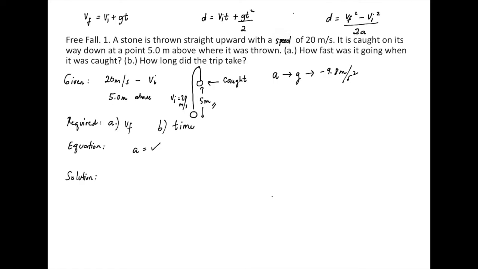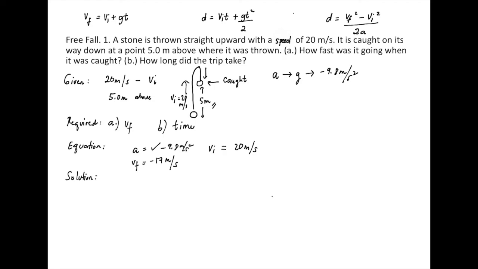We have our final velocity, which is already computed, negative 17 meters per second. And we also have the initial velocity, which is 20 meters per second. Take note that this one is positive, and it is going up, while the VF, which is negative 17 meters per second, is going down. So our acceleration is negative 9.8 meters per second squared.